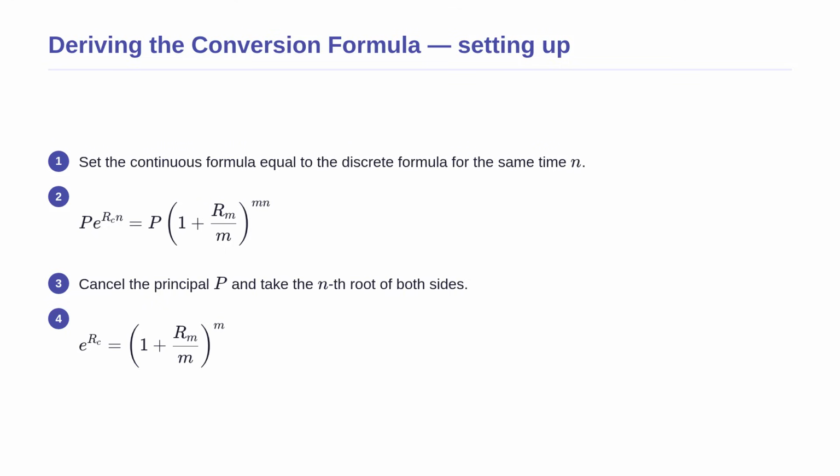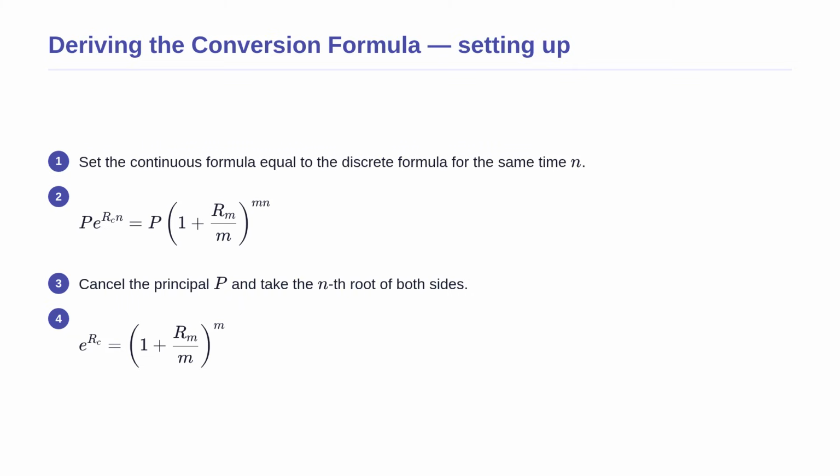Now that we have successfully used this conversion formula, let us understand where it comes from. We derive it by setting the continuous growth formula on the left equal to the discrete growth formula on the right. Because we are looking for equivalent rates, the starting principal P and the number of years N are the exact same on both sides.